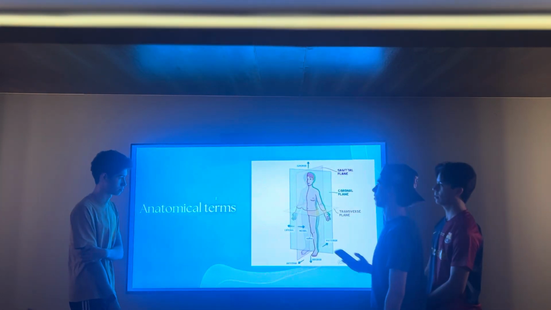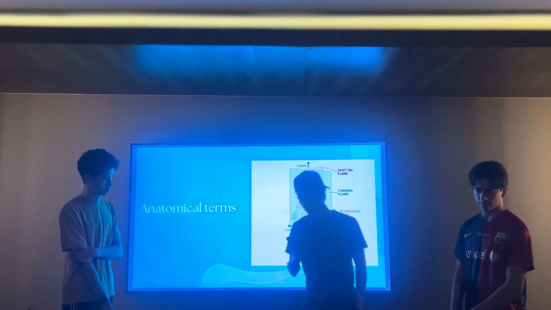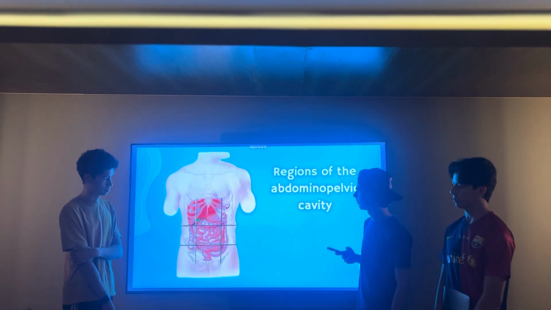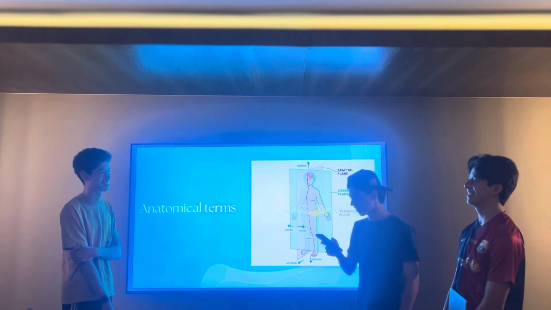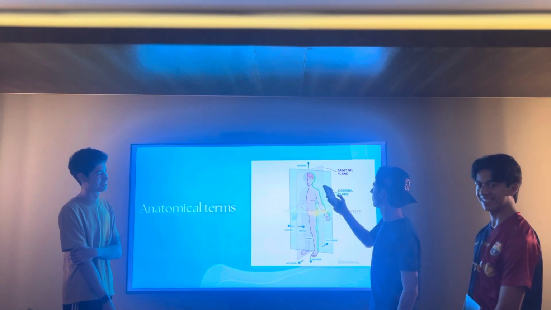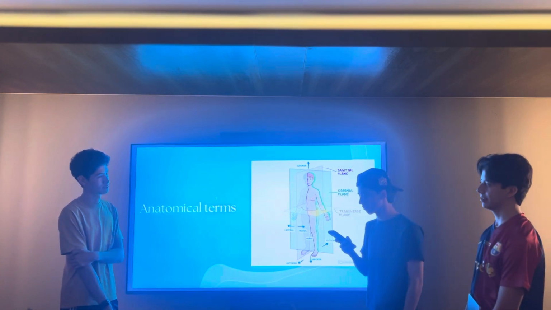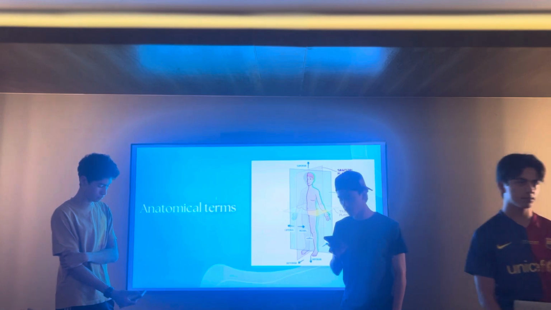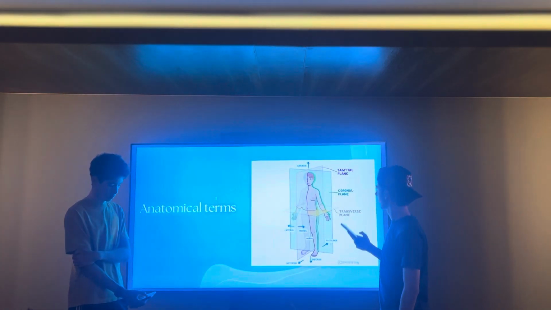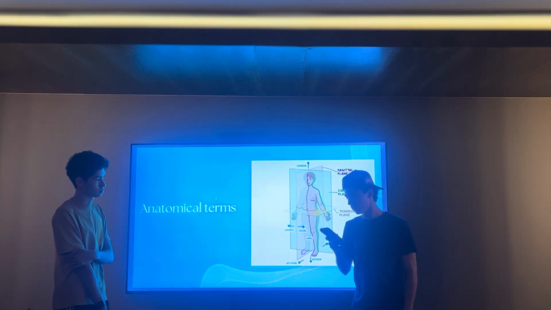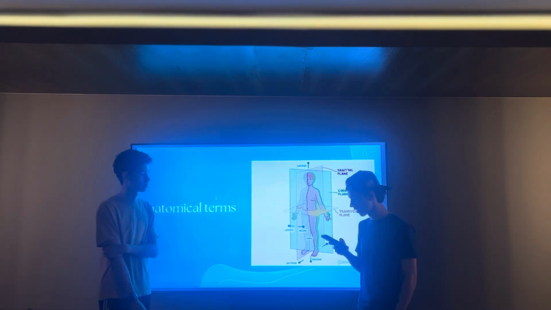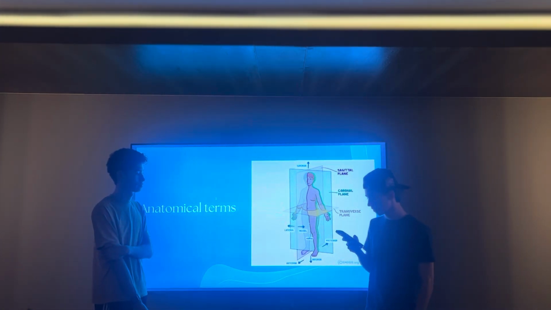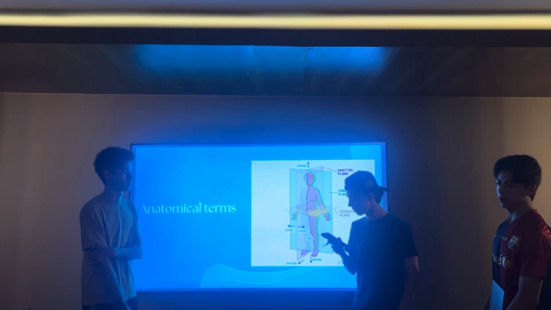Okay, now we have the anatomical terms. First, we have the superior, that is towards the head or upper part of the body. Inferior, that is away from the head towards the lower part of the body. The anterior, toward the front of the body.